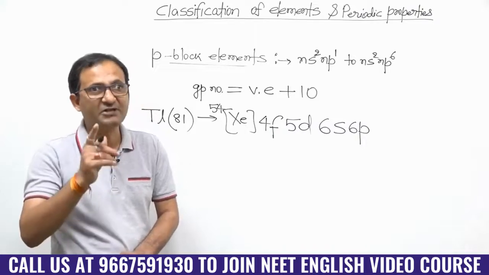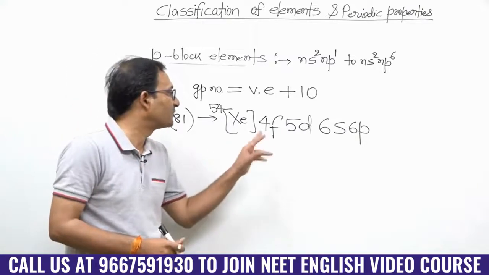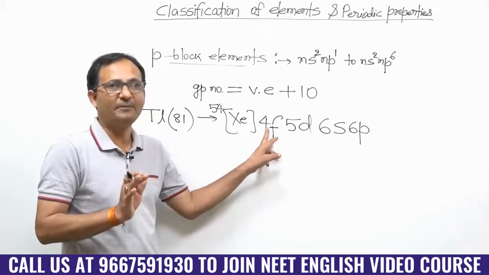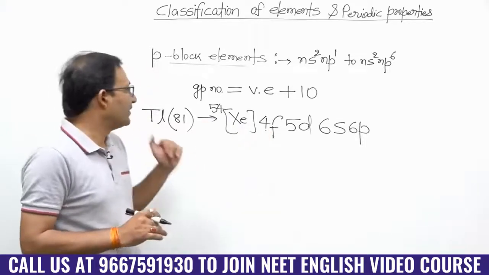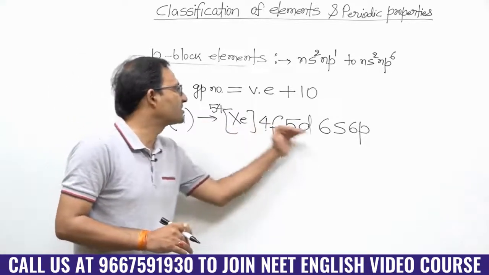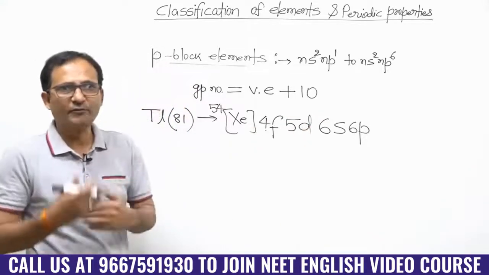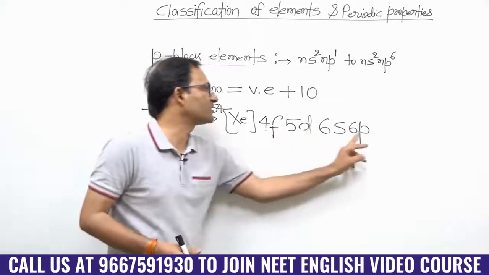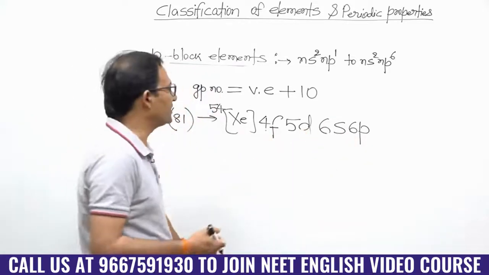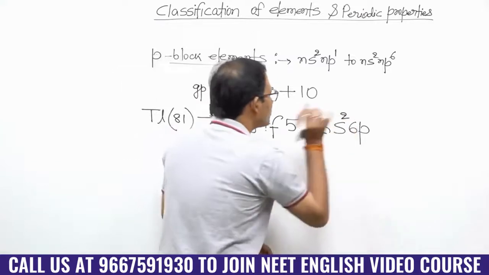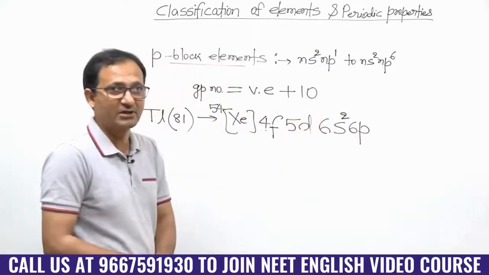The first g is 5g, so we will have to stop here for f up to 4f. Now we have to fill up these subshells with electrons according to Aufbau rule. Among these 4 subshells, the lowest energy is of 6s, so fill 6s with 2 electrons first.